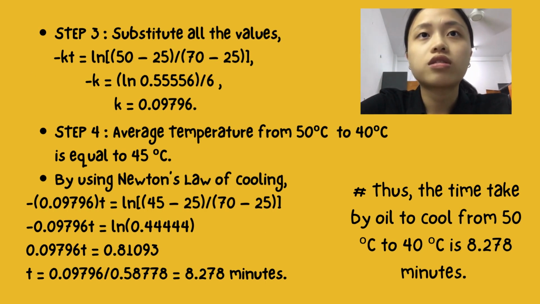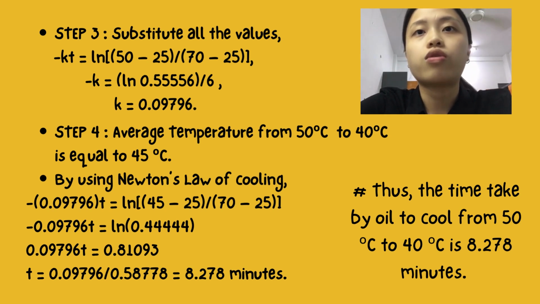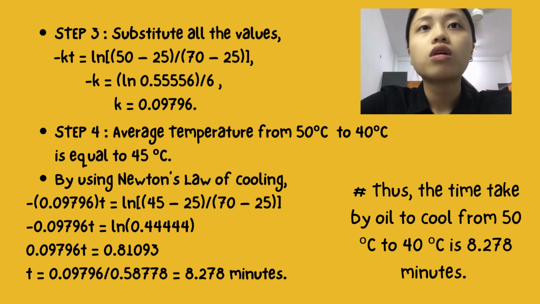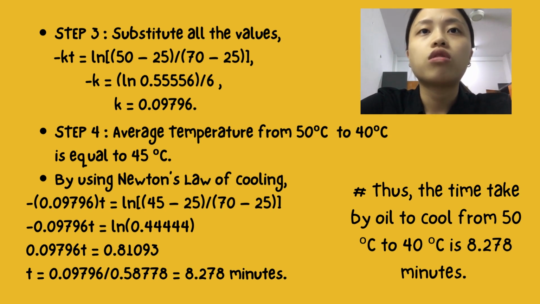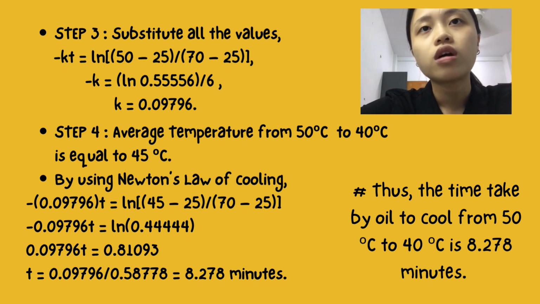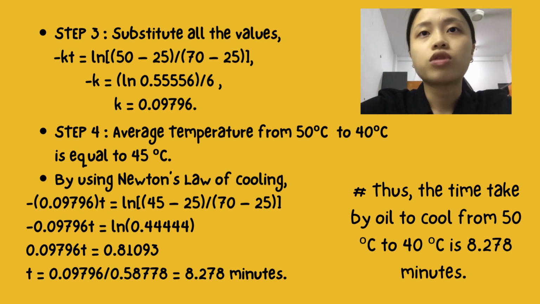Next, step 3, we will substitute all the values into equation 1. So negative kt equals ln of (50 minus 25) over (70 minus 25).